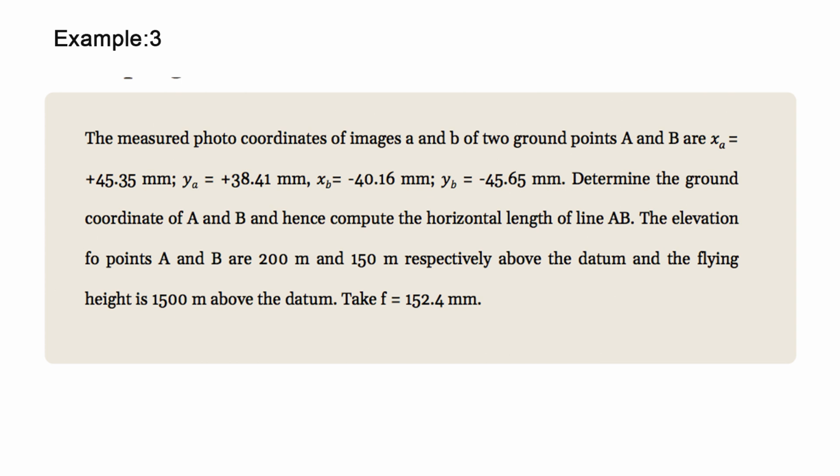Determine the ground coordinates of A and B and hence compute the horizontal distance of the line AB. The elevation of points A and B are 200 meter and 150 meter respectively above the datum, and the flying height is 1500 meter above the datum. Take f is equal to 152.4 mm.